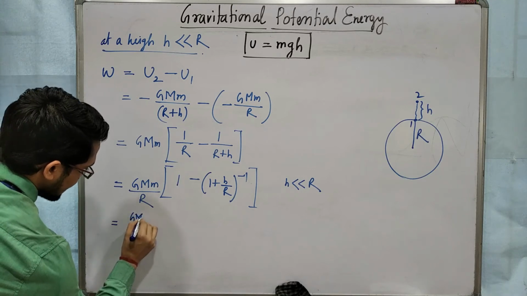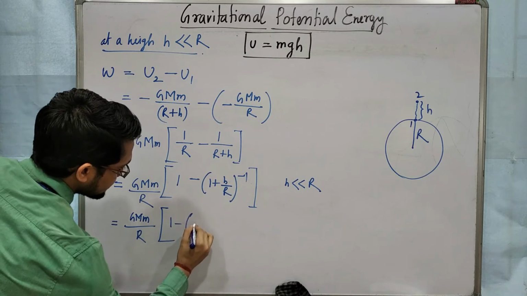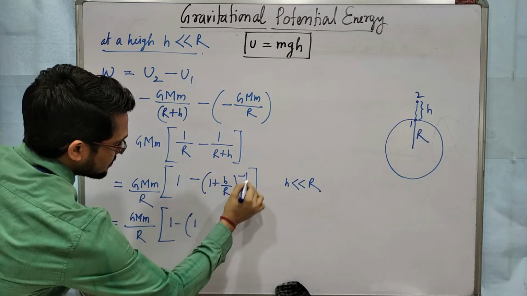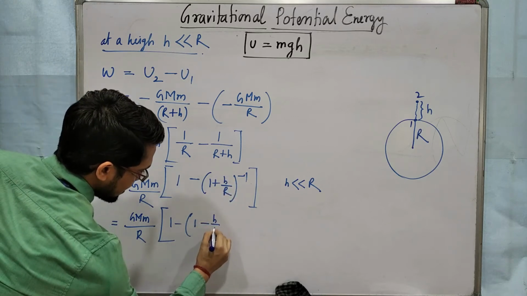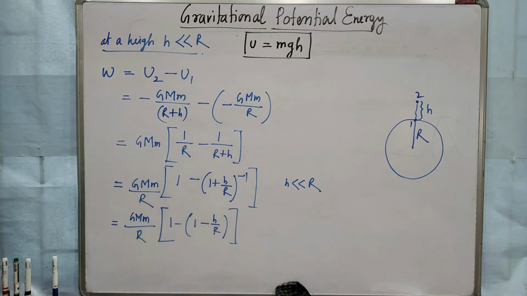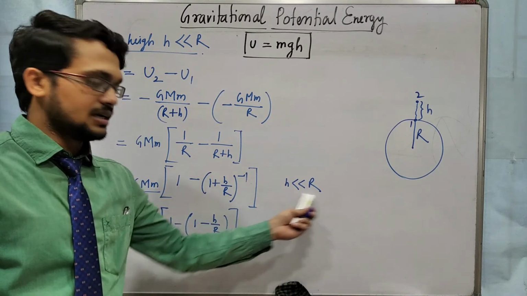So GMm by R, then you will get 1 minus 1 this; this number minus 1 will be multiplied with plus h by R, so minus h by R. Clear? Other higher terms we are not taking because of this condition.